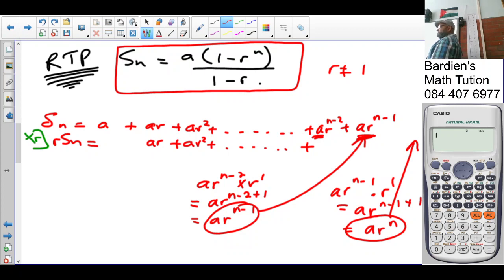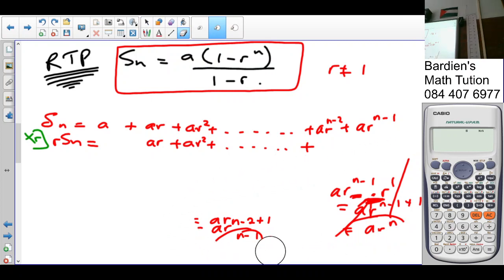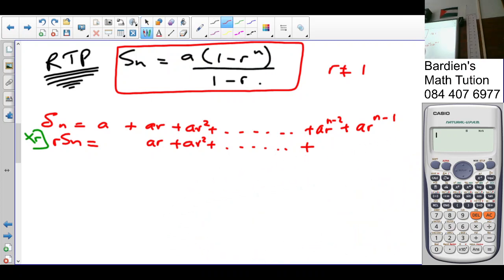Does it make sense? Let's take all this stuff out here. We said AR^(n-2) times R gives you AR^(n-1). If I multiply the term prior to that, AR^(n-2), I will get AR^(n-1).